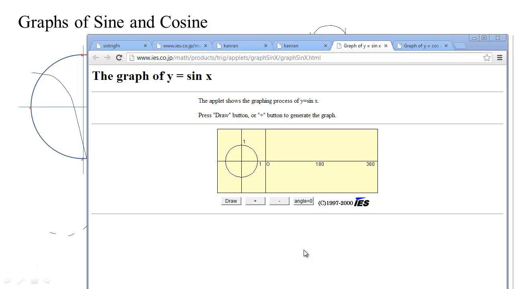Now, to help you see the relationship between circular motion and the graphs of sine and cosine, we have this little applet that shows, as the angle increases, the sine go up and then come back down and then go up again. This happens to be in degrees, but you could always change units to radians, which would be the most common thing. Let me go through that a little more slowly. The angle increases, so as you've turned around more, gradually the height increases until you reach the top, and then the height comes back down again.